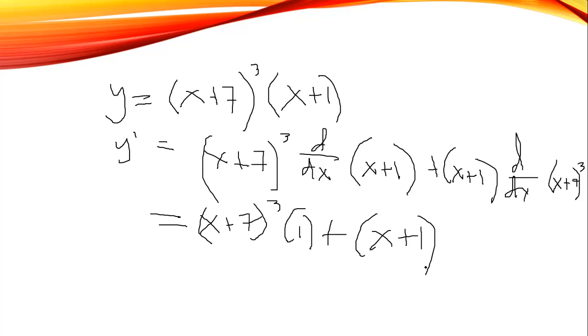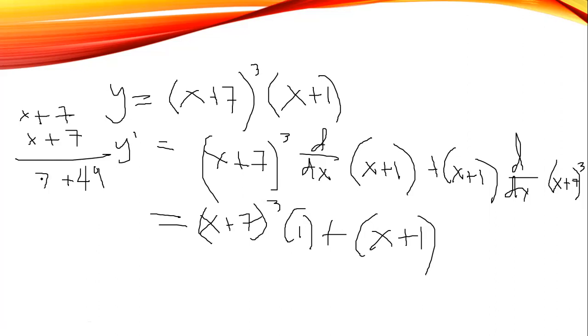So how do we do that? Of course, we have to multiply x plus 7 to itself 3 times. So we have x plus 7, to get its derivative more quickly. So this is equal to 49.